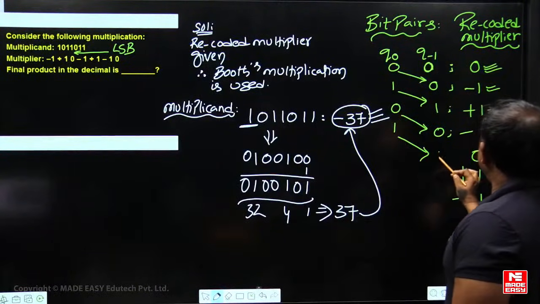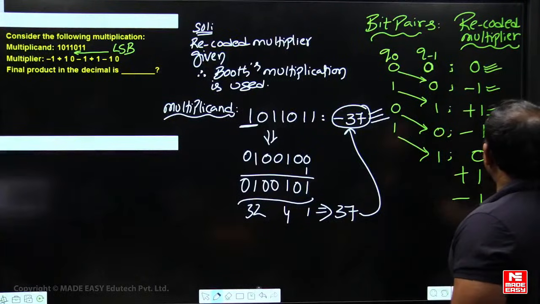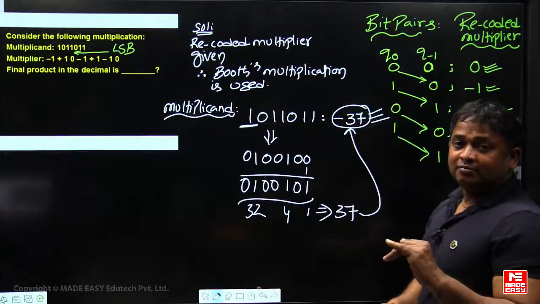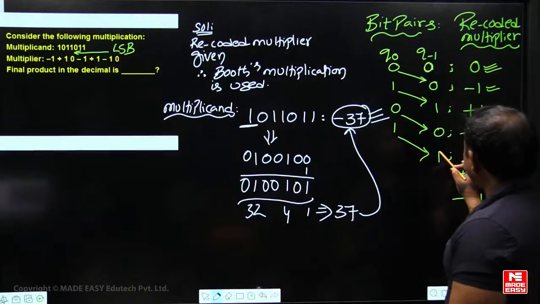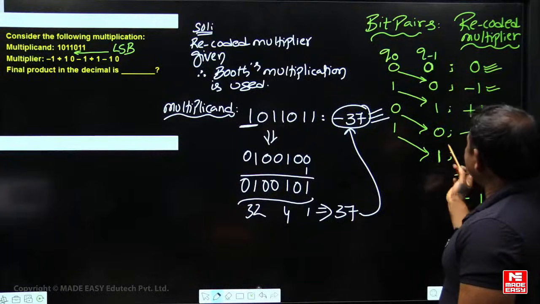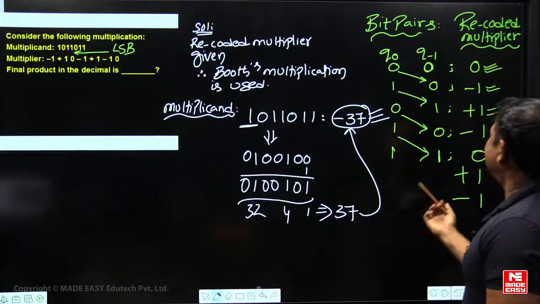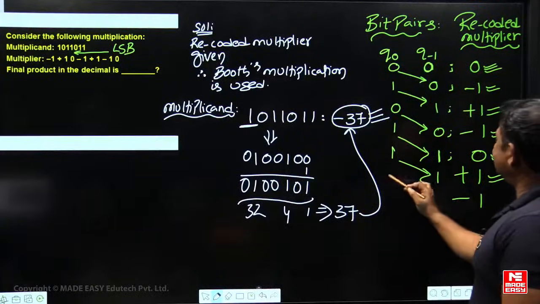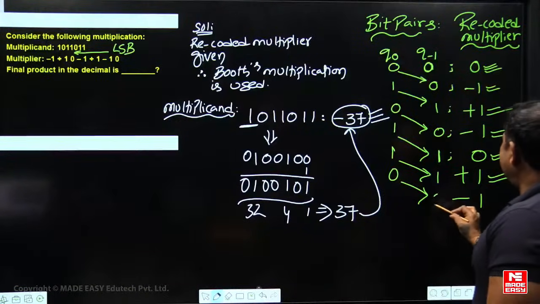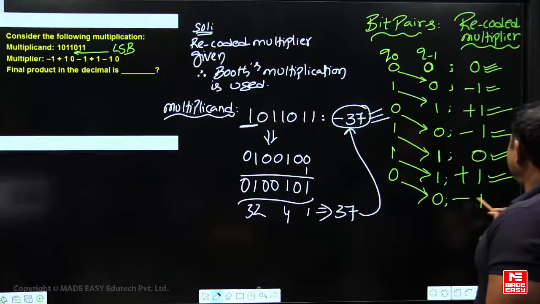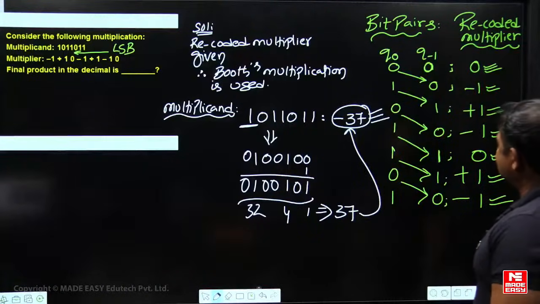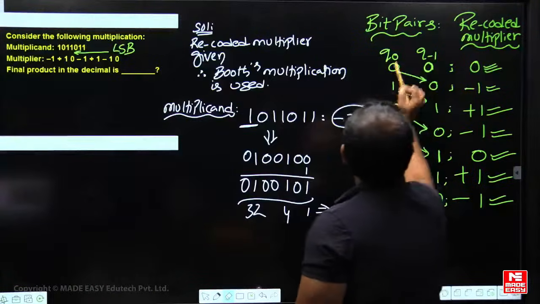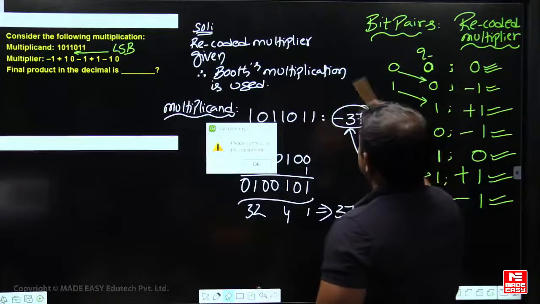1 diagonally same. See, this is 0. Bit pair either 0 0 or 1 1, value should be 0. So here one bit is already 1, so the other bit should also be 1. Pair should be 1 1. So 1 diagonally taken, plus 1 is 0 1. 0 diagonally taken, that is minus 1, it is 1 0. Okay, this is the bit pair. Hope you understand this.